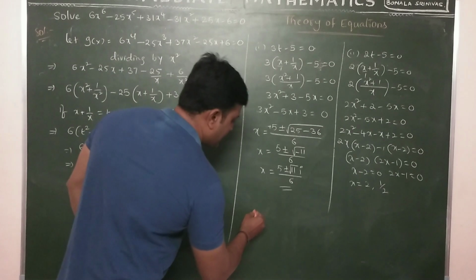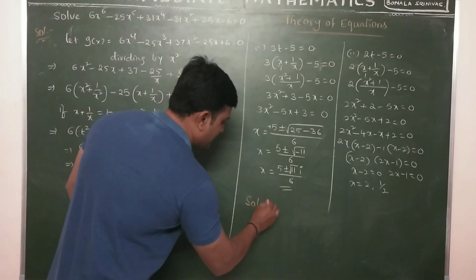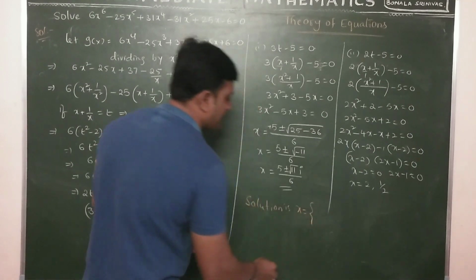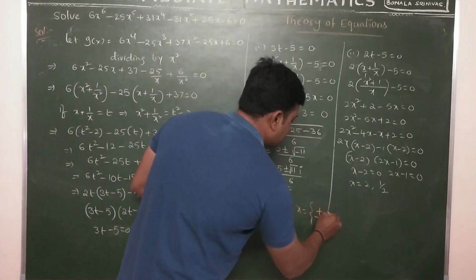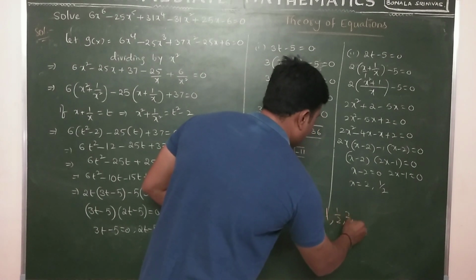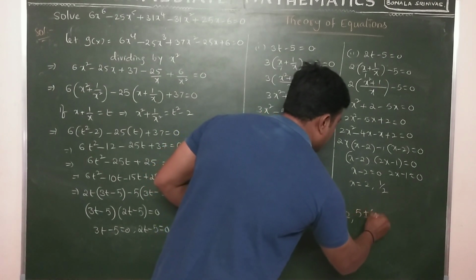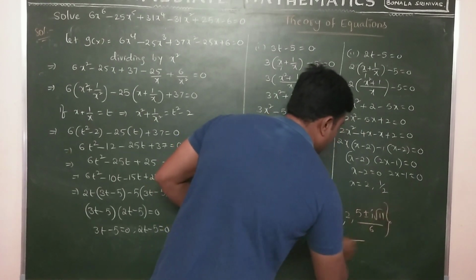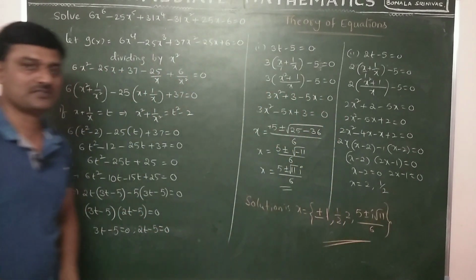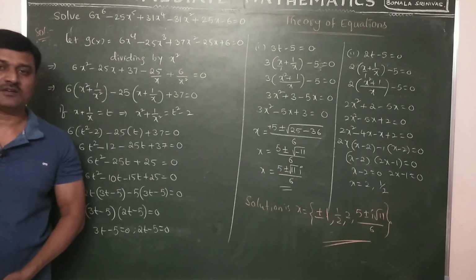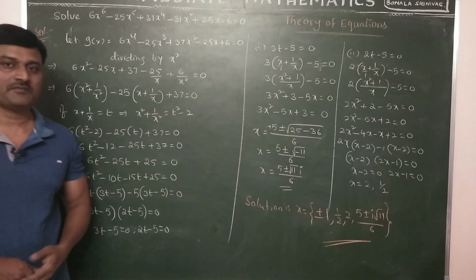Then the total solution is x equals 2, 1 by 2, and 5 plus or minus i root 11 by 6. Total 6 roots because the degree is 6. This is the solution.